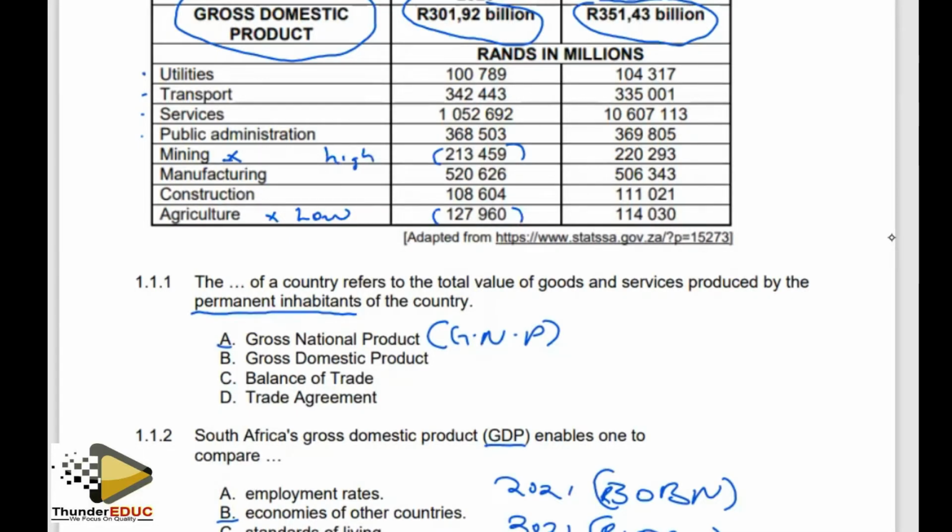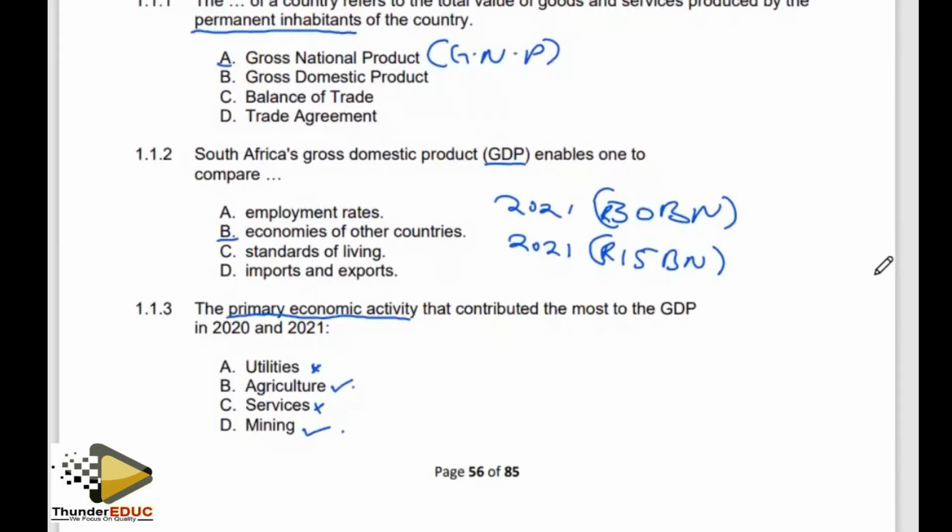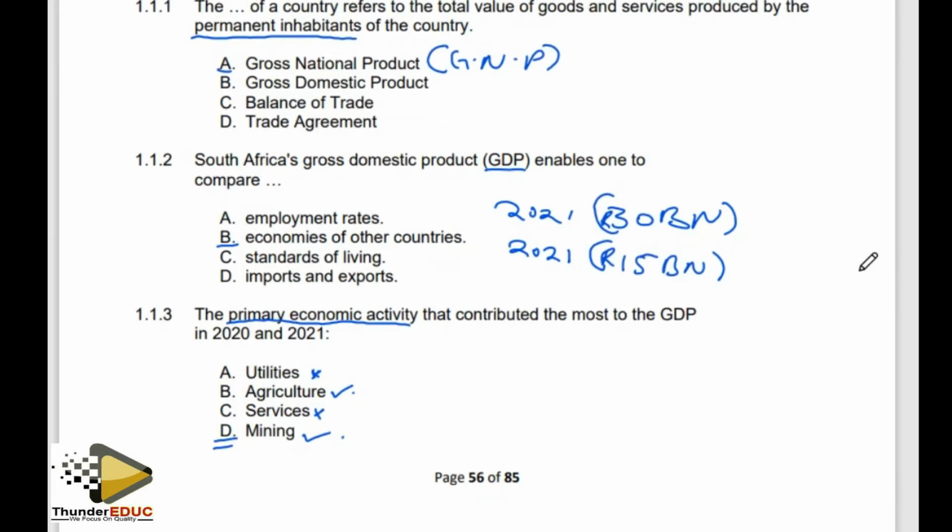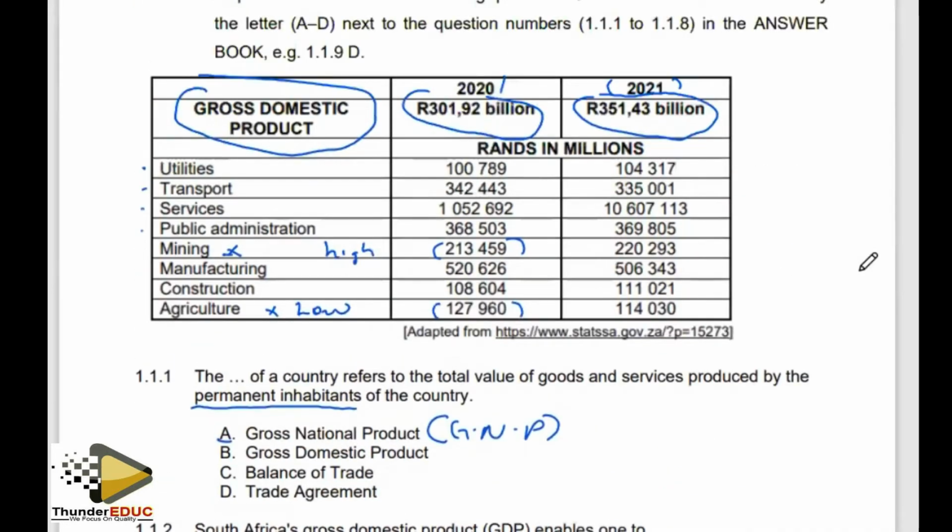So basically, if we go back to our options, it means we are going to take mining as our correct answer, because we could say in 2020, it contributed 213,459 million rands. Yet agriculture, it was 127,960.